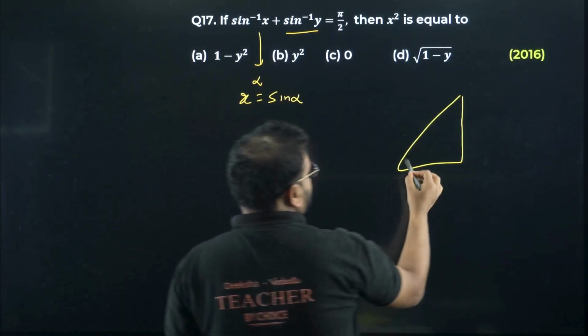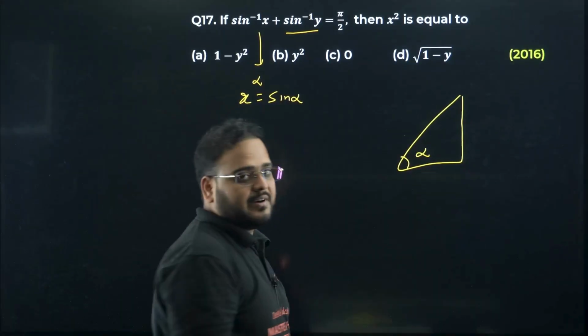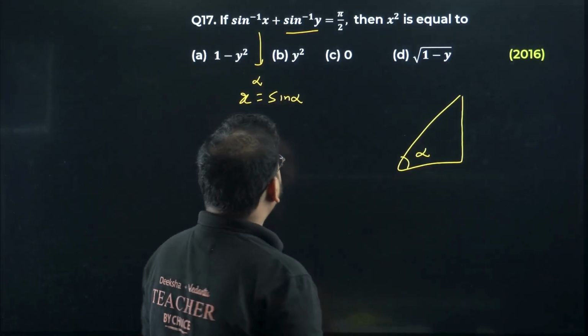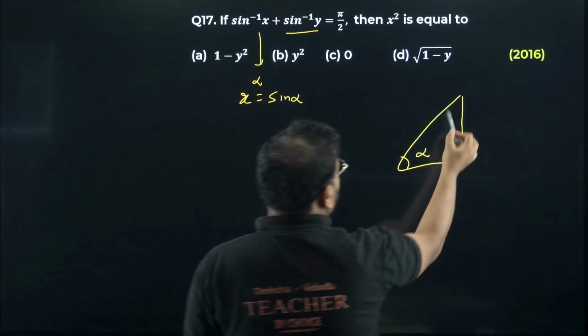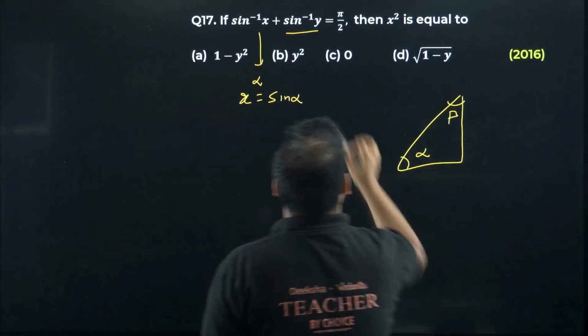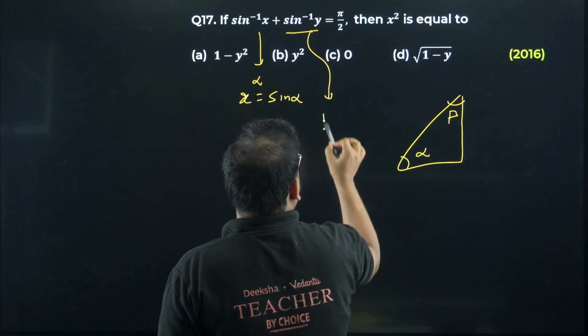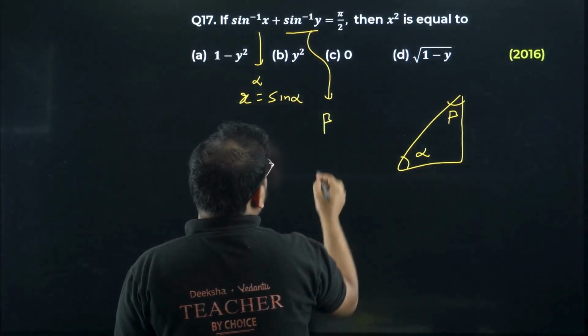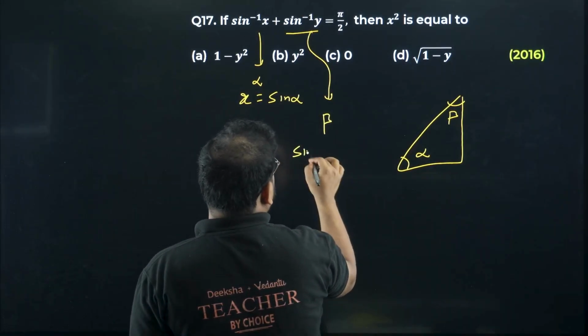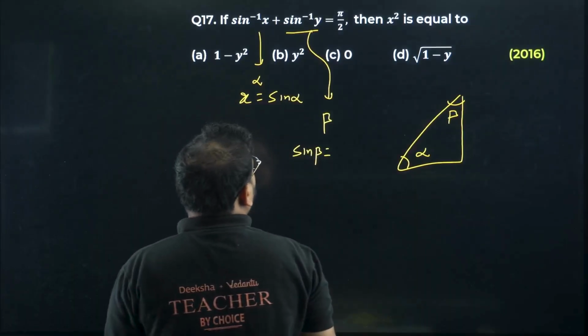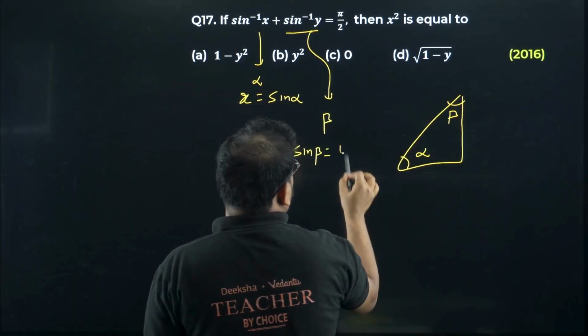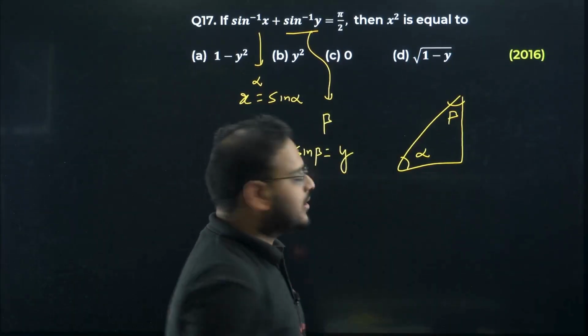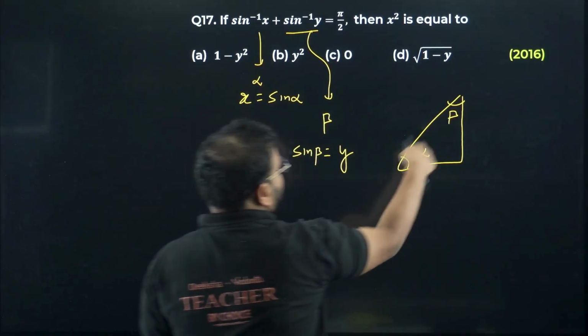Okay, this is my angle, alpha. Then this has to be beta, right? Some angle beta. So from here I get sine beta equals to y. Alpha plus beta is nothing but pi by 2.